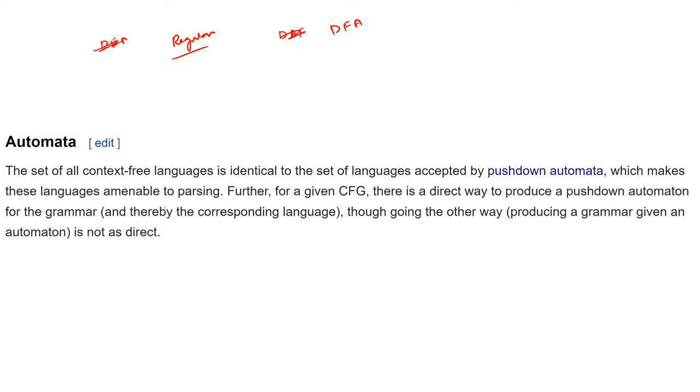Similarly, what is the construct required for us to claim a language is context free? That construct is called a push-down automaton. If you are able to construct a push-down automaton for a given language, then that language is context free. Which means you can parse the language in an unambiguous manner. One example I told you was arithmetic expressions.